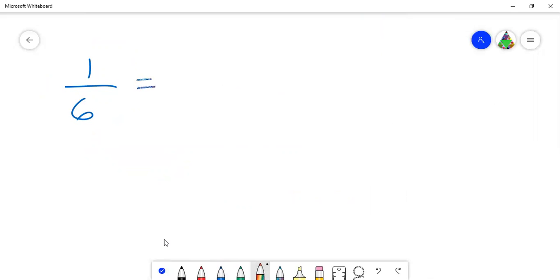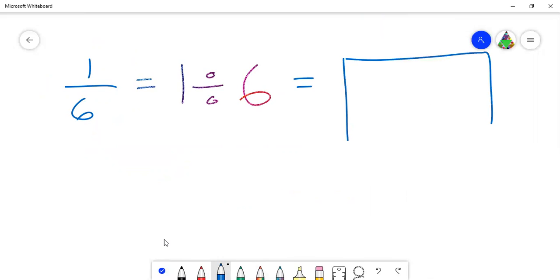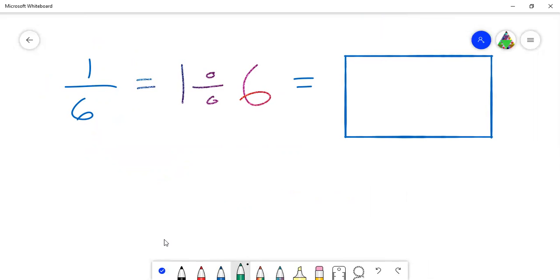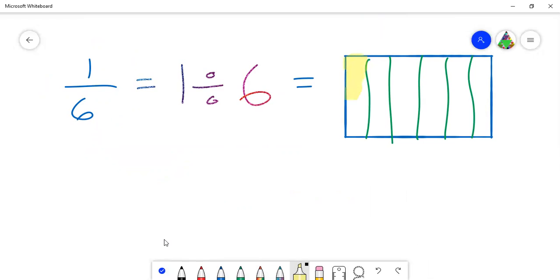Well, that says I'm taking 1 and dividing it into 6 parts. So I'm going to draw a model. I'm going to cut it into 6 equal parts. I'm going to shade in one of them. That's what the top number says. And now we can even show this on a number line.